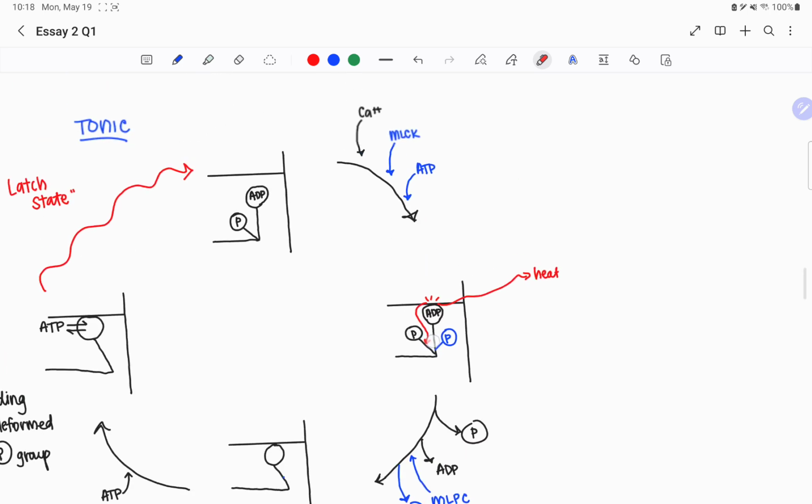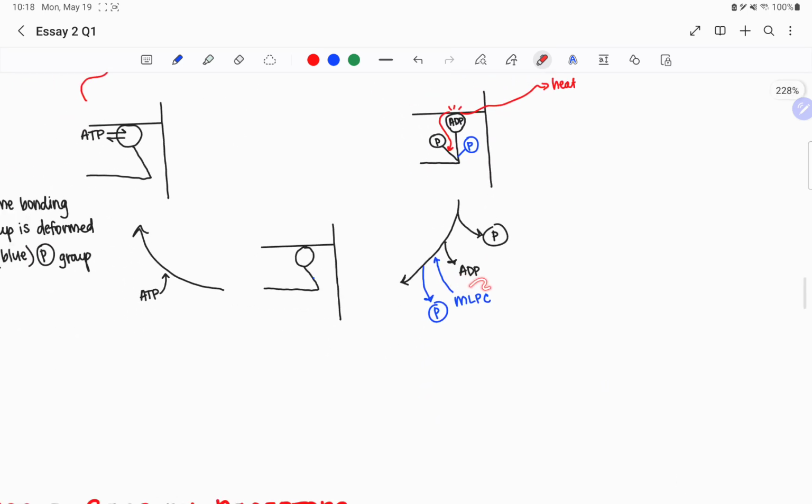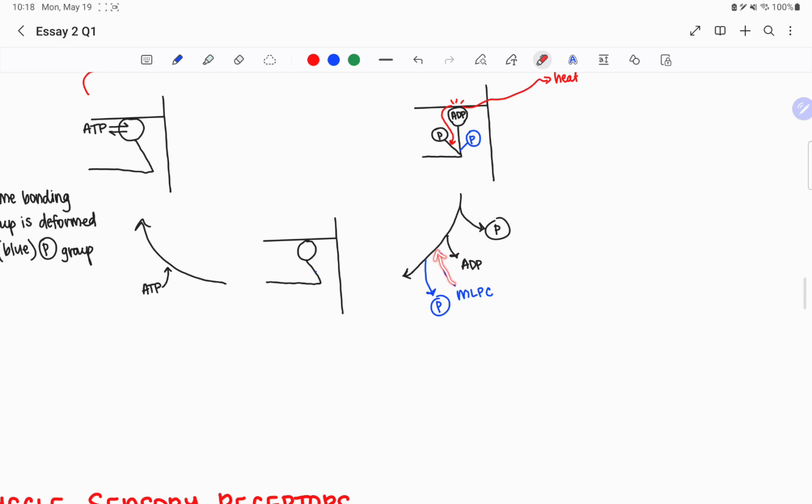However, with tonic, what we're doing is MLCP is introduced here very first. Okay, in this same one, we have MLCP. So then we kick off this phosphate group, our second phosphate group. So now we're bound here, but now it's changed.